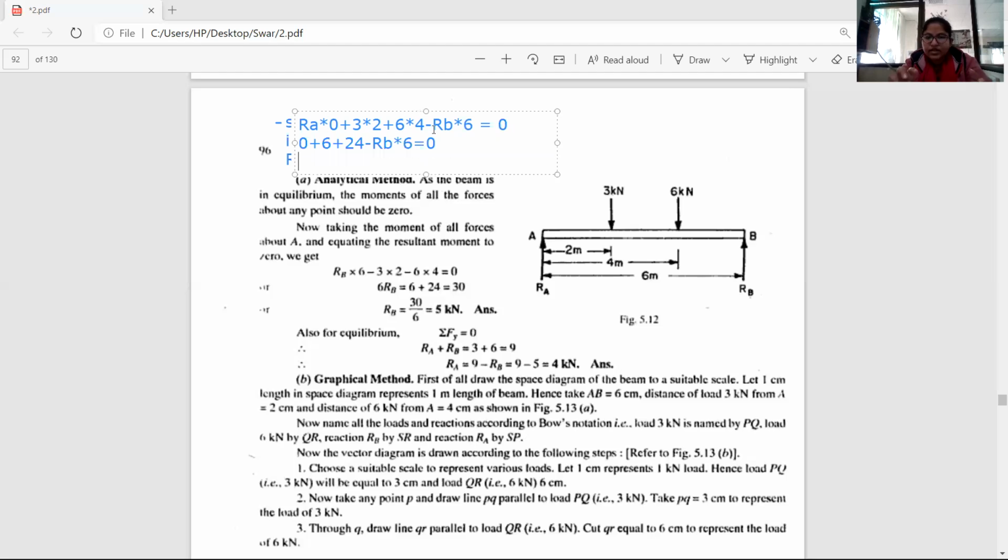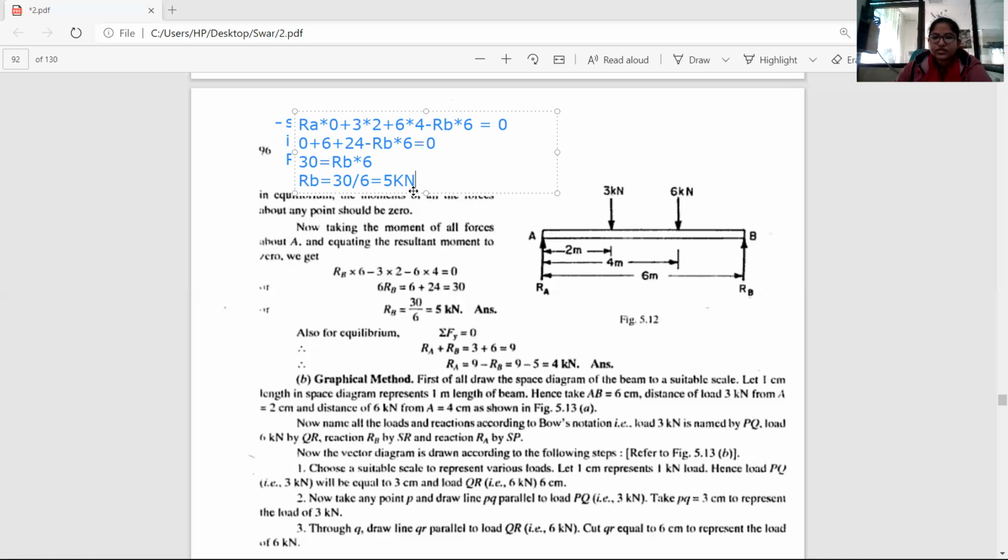Next, take this minus term to the other side, then 6 plus 24 will be 30, equals RB multiplied by 6. To find the value of RB, we divide 30 by 6. Then my value will be 5 kilonewton. Done. So my RB value is 5 kilonewton.